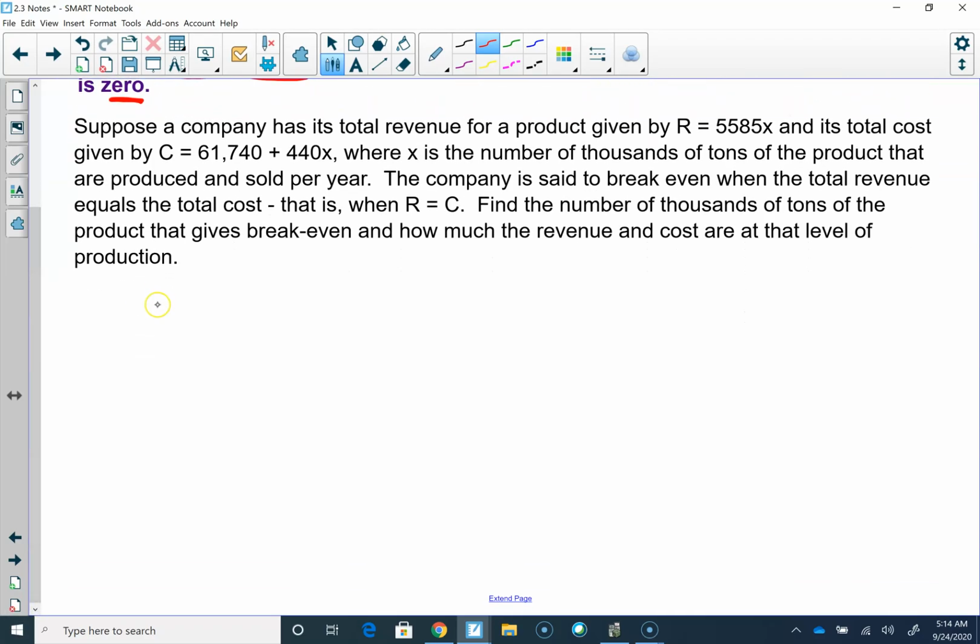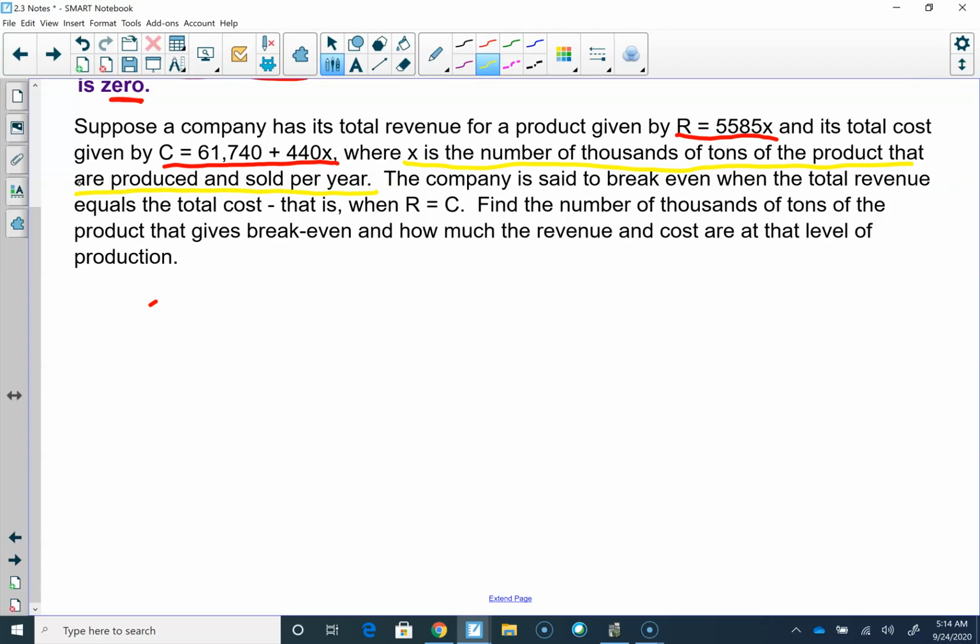So suppose a company has its total revenue for a product given by that equation right there, and its total cost given by that equation right there, where X is the number of thousands of tons of product that are produced and sold each year.